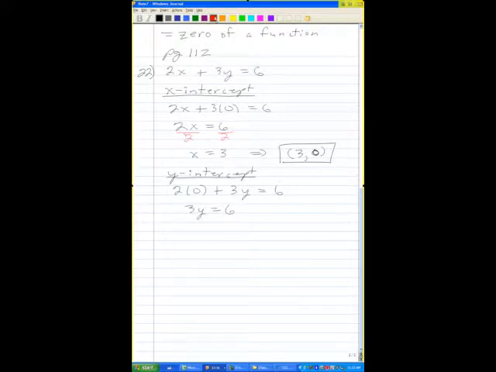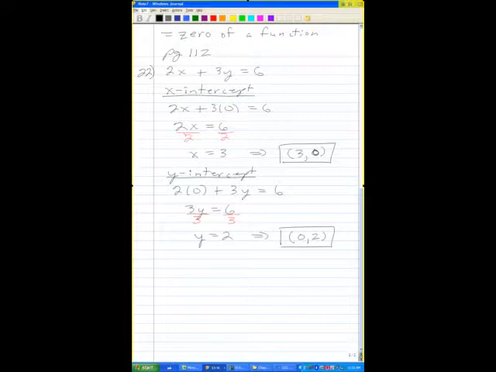Again, solving for y, I can divide both sides of my equation by 3. By the multiplicative property of equality, y is equal to 2. And so my y-intercept is (0, 2).